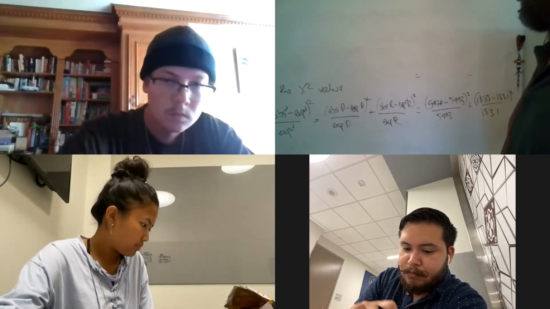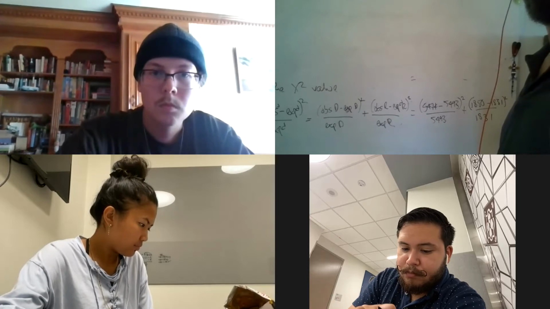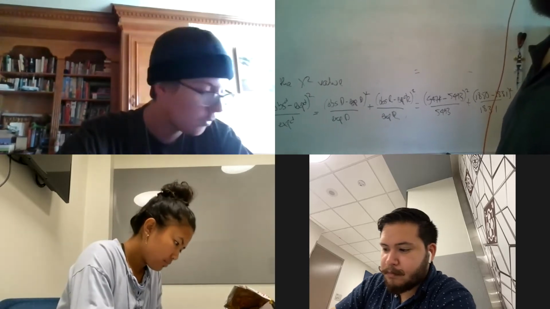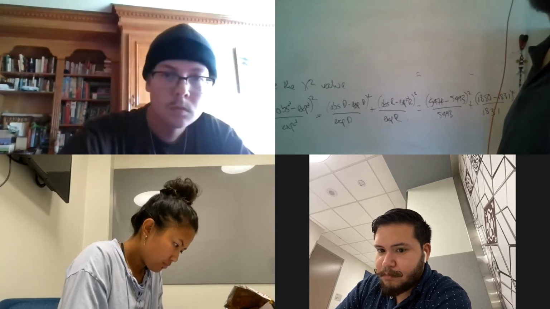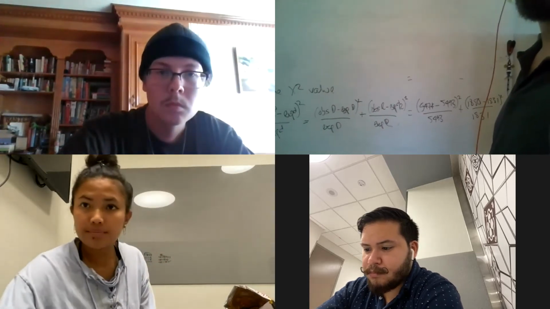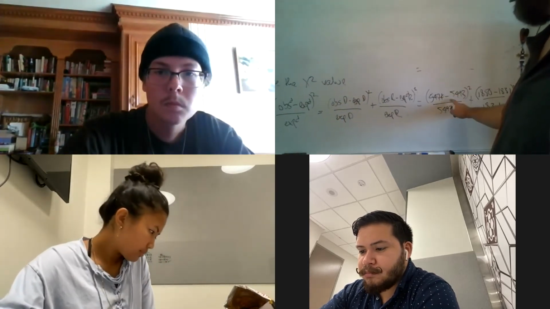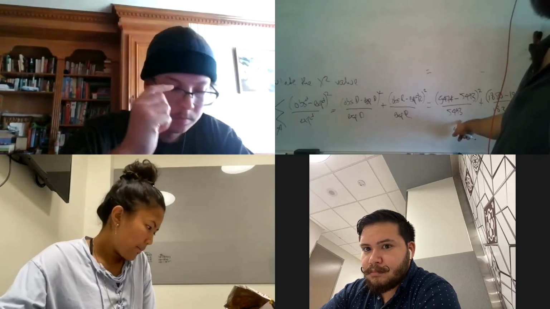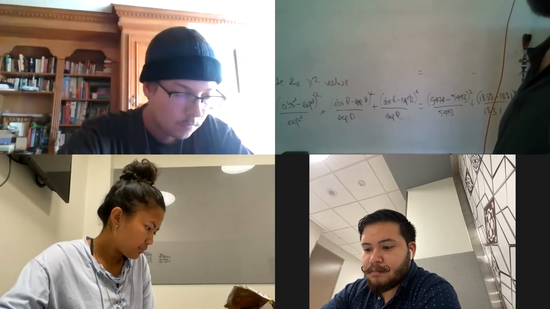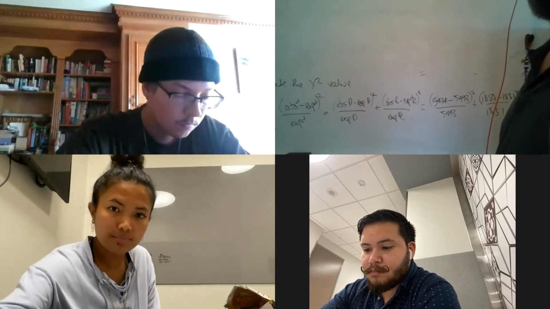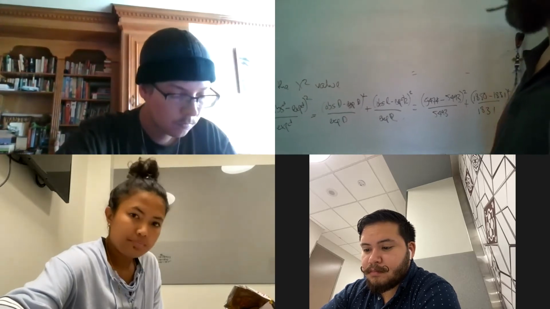Or was it 19? Nah, can't work that in my head. 19. Oh, well, that was a good guess. Right, 19 squared divided by this, please. Thank you.